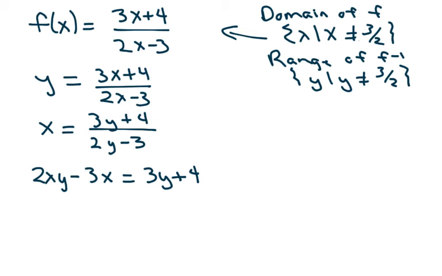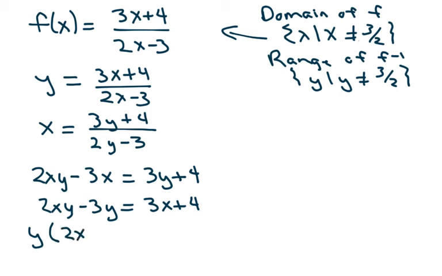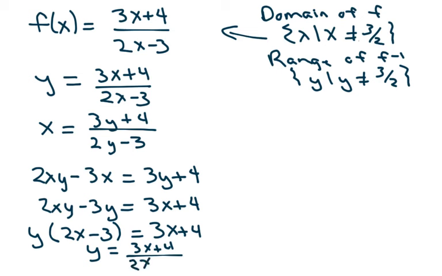I'm going to put my y's on this side just to be different. Pull out your y and you get y times 2x minus 3 equals 3x plus 4. So y equals 3x plus 4 over 2x minus 3.